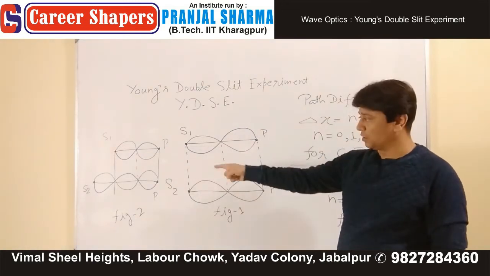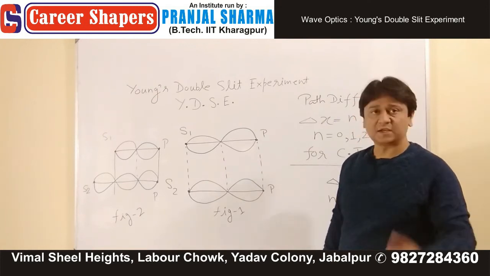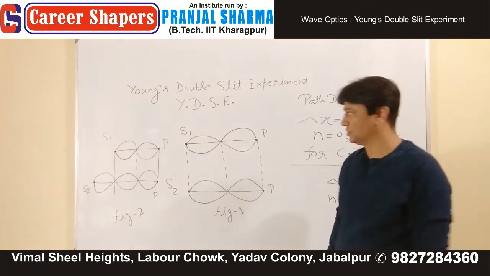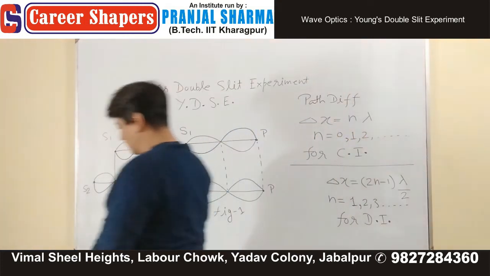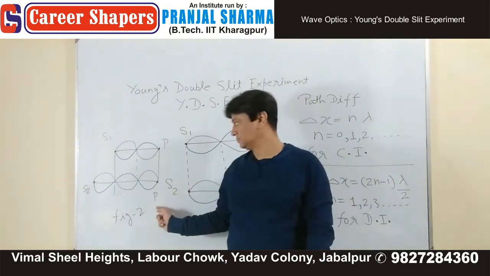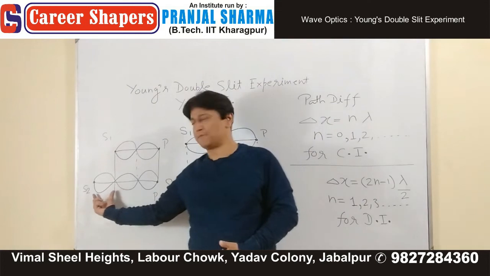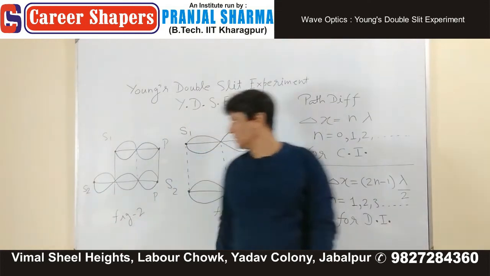Similarly in figure 2, we expected a dark fringe at point P. Why did you expect it? Because of this lambda by 2 path difference.